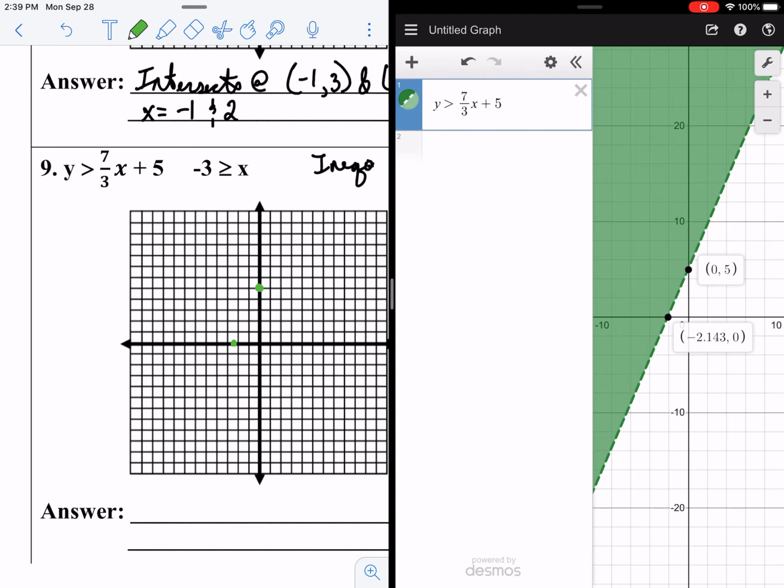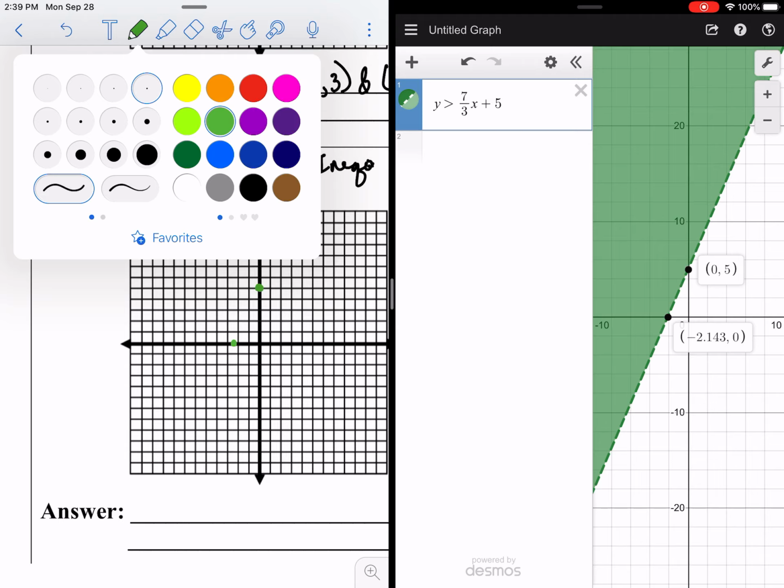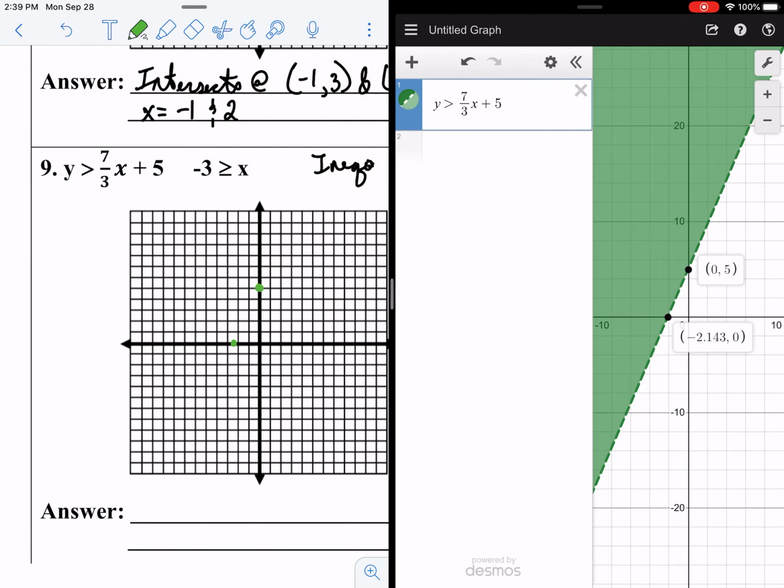Oh, and that's dashed, and it's shaded to the left. So you can see Desmos does all of this for you.